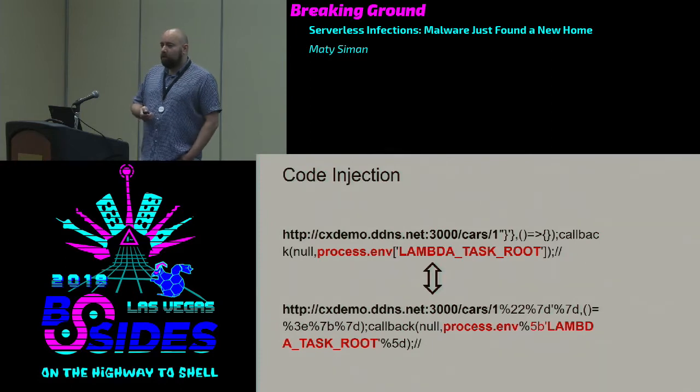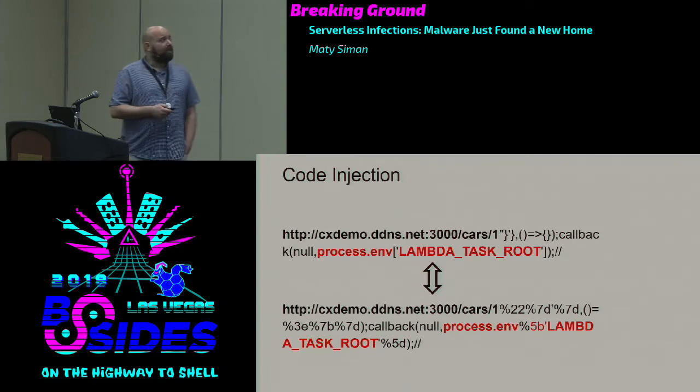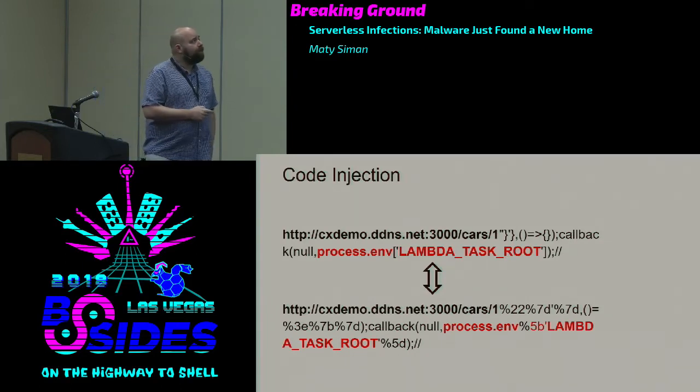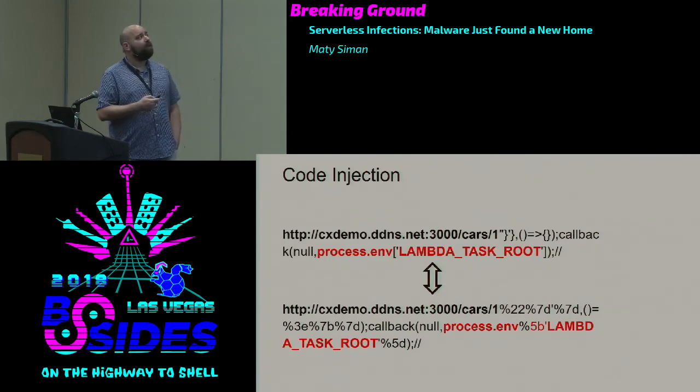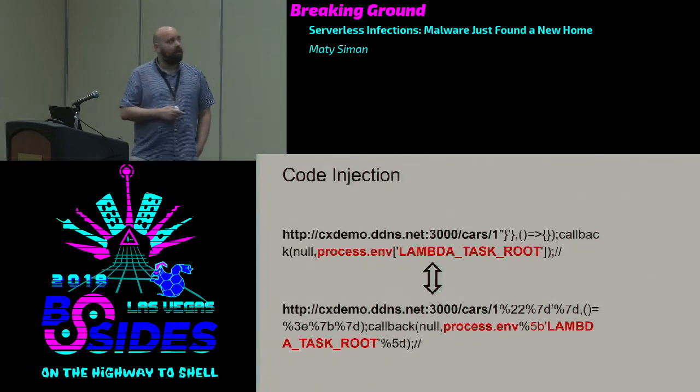So we wanted to know what path it is, and we used the code injection. You can see on top is the decoded URL, and in the bottom is the encoded one. So we used it as a payload to get the process and to get out of it the lambda task root.